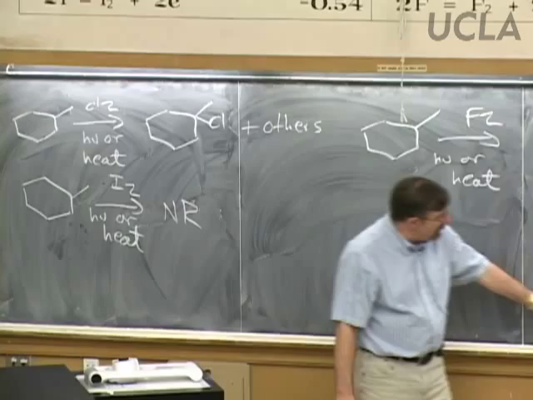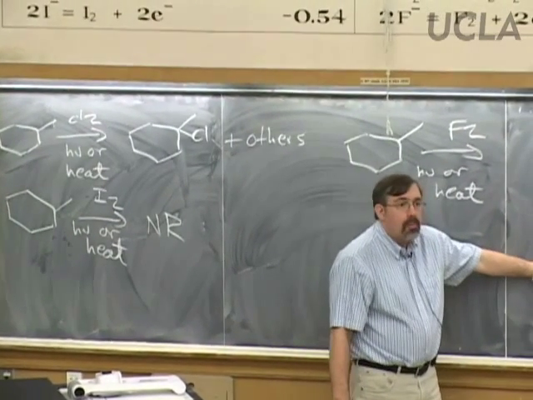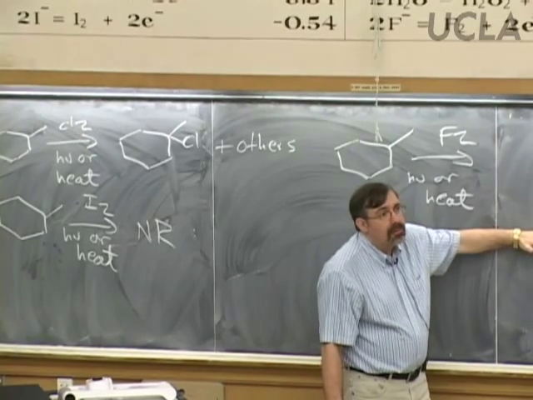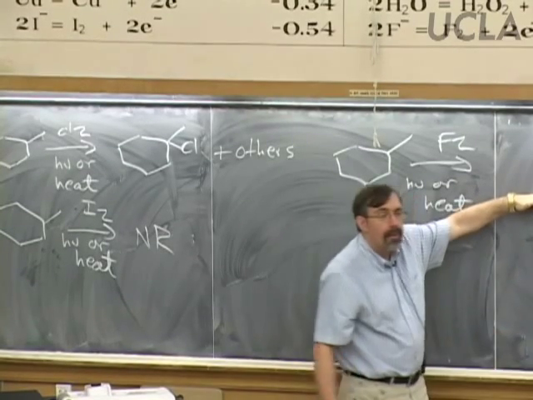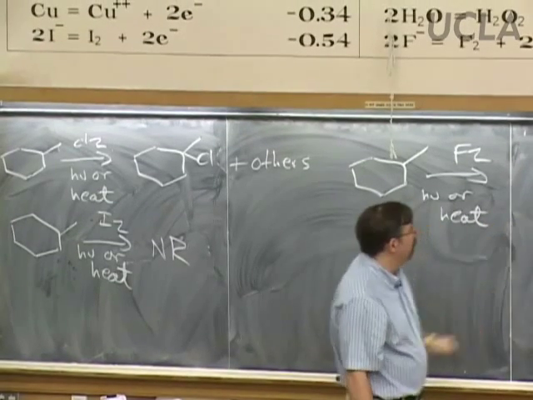If the guy down here, iodine, is unreactive, bromine, a little more reactive and selective, chlorine is even more reactive and a little less selective. Fluorine, see, I'm following the periodic table. Fluorine will be very aggressive.